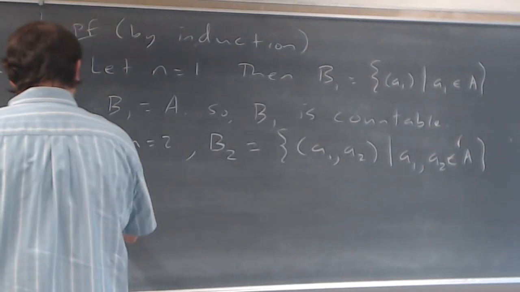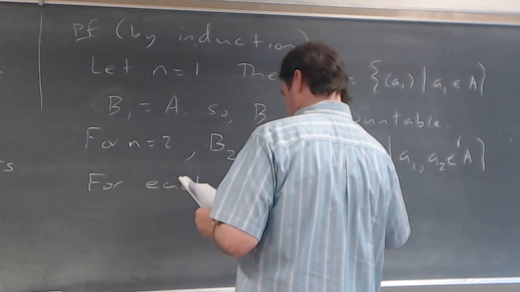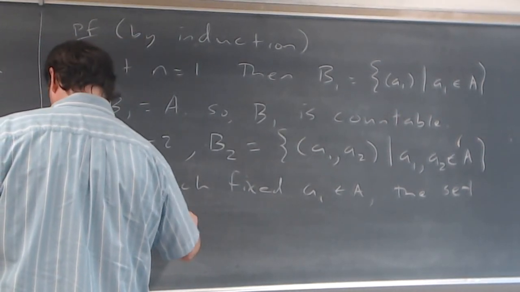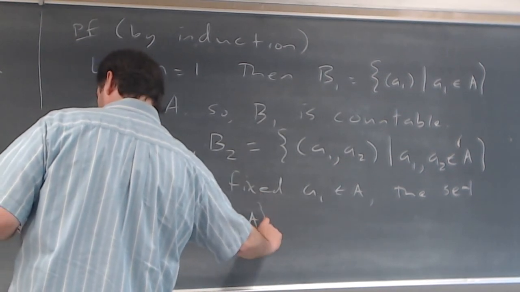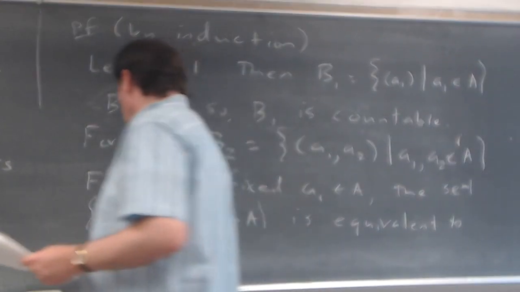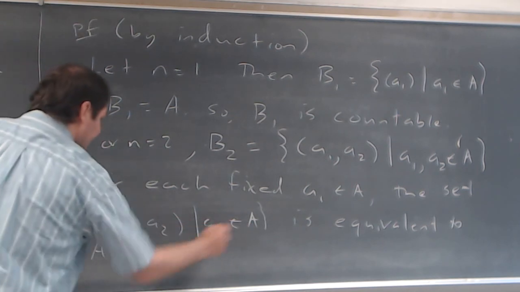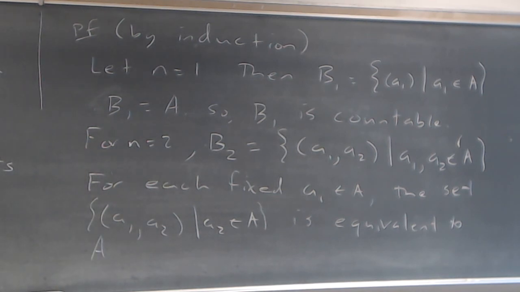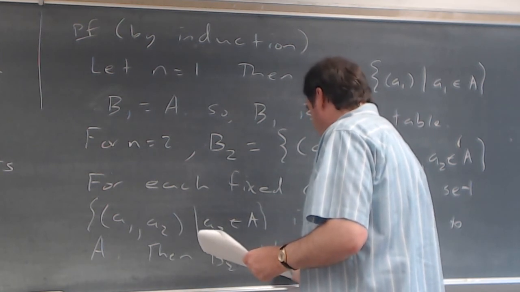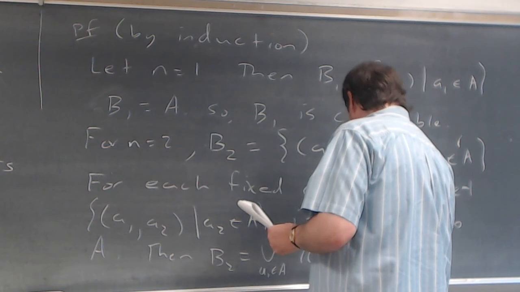And so for each A1 in A, the set of the two-tuples (A1, A2), where A2 is an element of A, is equivalent to A. So A1 is fixed, and the second coordinate runs through all the elements of A, and so you get the same number of elements in this set for the fixed A1 as what you do in A. And then the way we look at B2, it's equal to the union over all A1 in A of these sets of (A1, A2) such that A2 is an element of A.